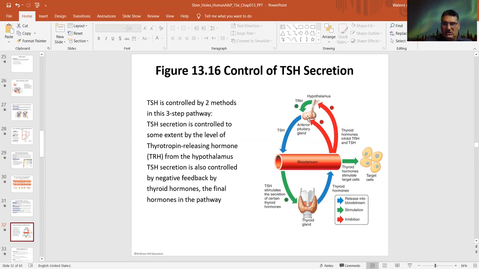We send it to the anterior pituitary, and the anterior pituitary will secrete this blue one, that's understandable, TSH, which goes to the blood until it reaches the thyroid gland, and the thyroid gland is going to secrete thyroid hormone. Remember, this thyroid hormone will go to the target cells and do the action. If this thyroid hormone accumulates, it will go back to both pituitary and hypothalamus to decrease its secretions. We call that negative feedback.